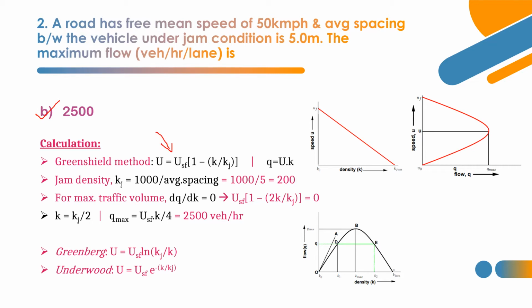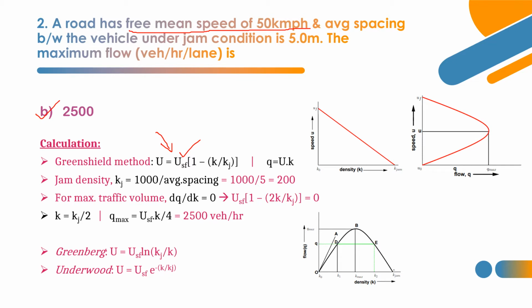It is a macroscopic model of traffic analysis. U is equal to U_SF into (1 minus K by Kj). What is U_SF? U_SF is the free mean speed, which they have given in the question as 50 km/h.